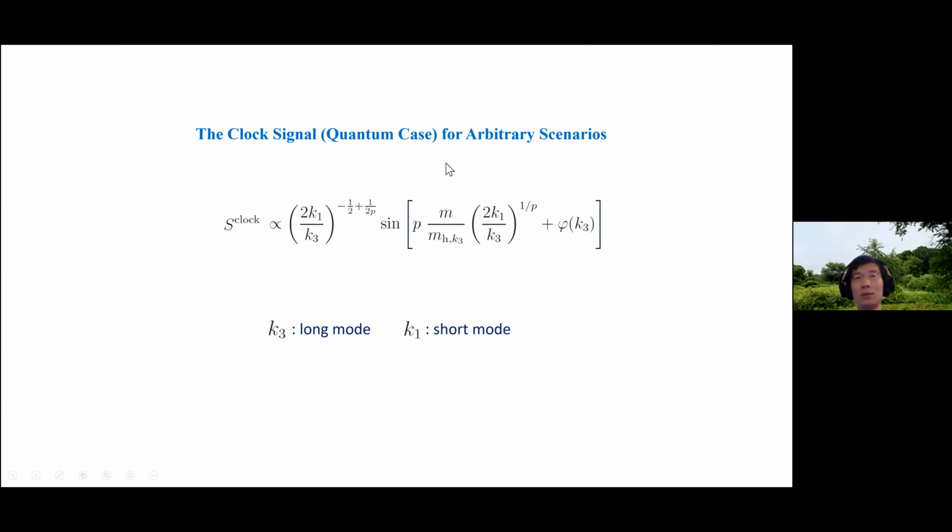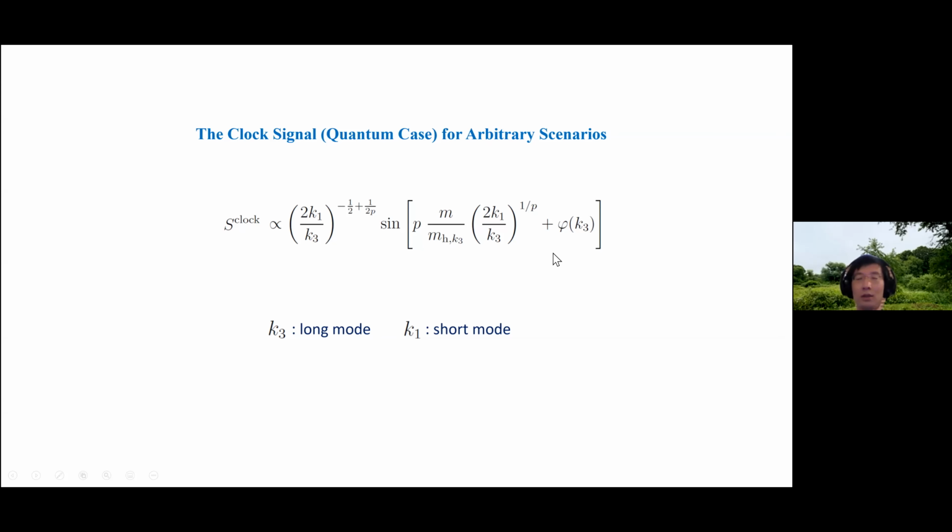Xingang, should I recover 3/2 for the envelope up front for inflation, or what is the number for inflation? Oh yes, this is non-Gaussianity. It turns out the envelope here is -1/2, because for inflation, P is infinite. For example, for scale invariant inflation it's a power law with P going to infinity, so it's -1/2. It decays. I'm just confused because usually we say it's k long over k short to the 3/2.